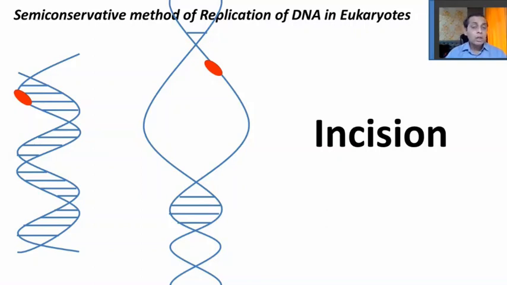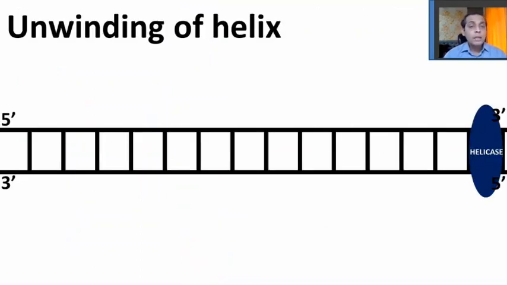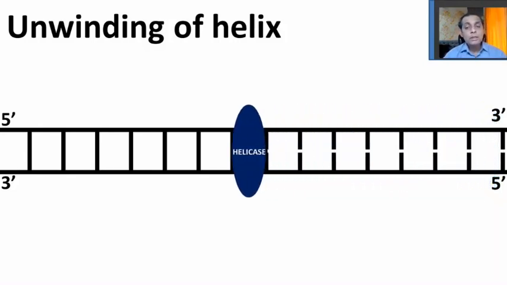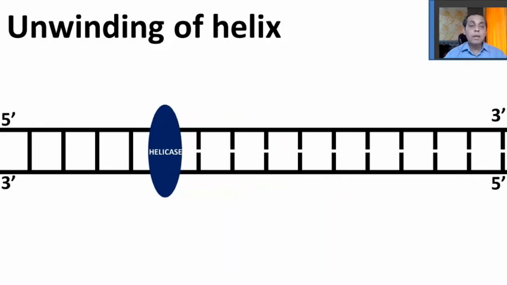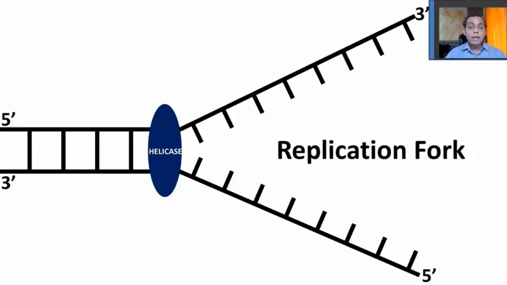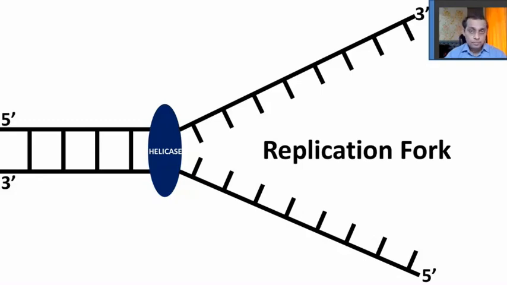Once incision occurs, the helicase will break the hydrogen bonds between the two strands and help in opening and unwinding of the helix. After unwinding of the helix, the DNA will appear in this Y-shape arrangement. This Y-shape arrangement also has a name. It is called the replication fork.